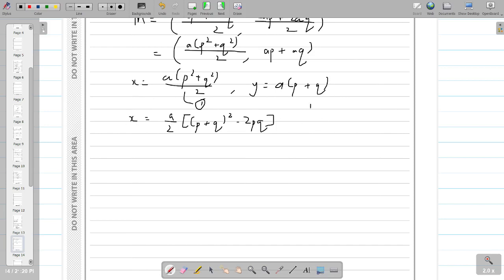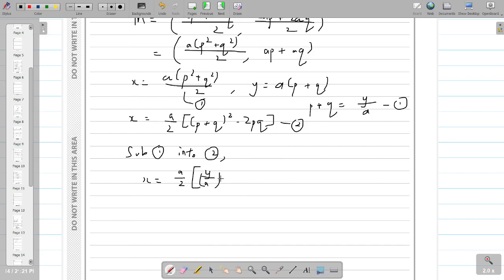We also know that P plus Q is equal to Y over A. So we can set this as 1 and this as 2, and we sub 1 into 2. So we're going to get that X is equal to A over 2 bracket. P plus Q is just Y over A, so we get Y over A squared. And we know that PQ is equal to minus 1, so this is going to be plus 2.